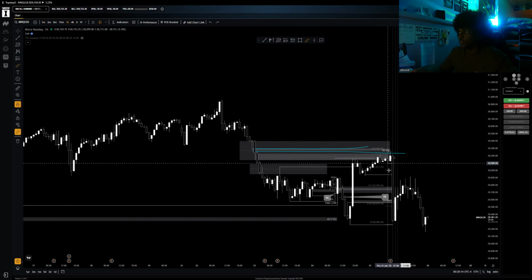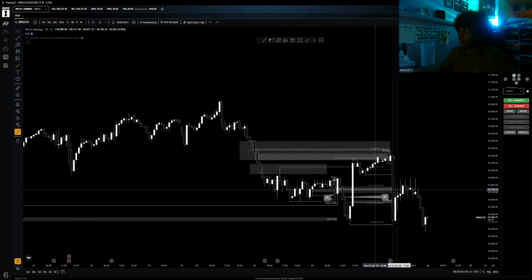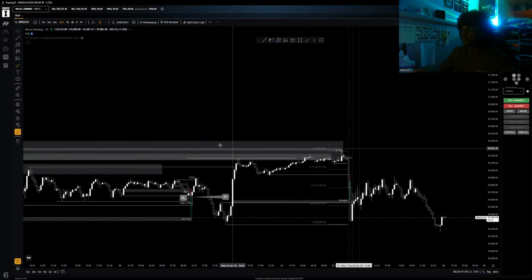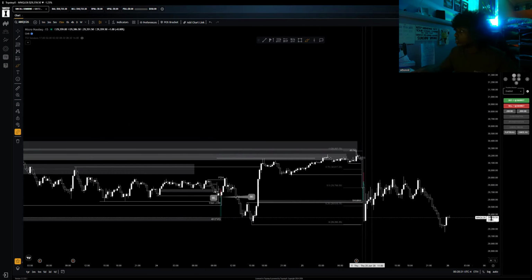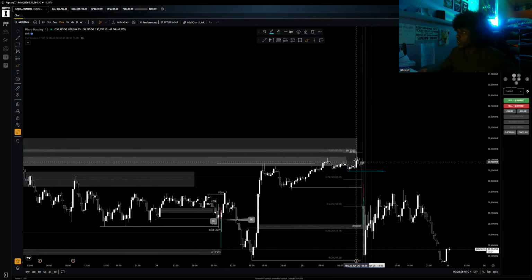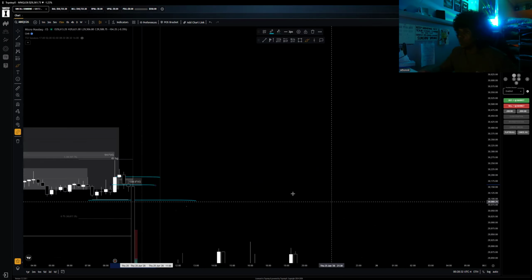And as you scale down a little bit more onto the 15-minute time frame, boom. There you can see the 15-minute market structure shift, a 15-minute inversion. Everything is before market open, right?